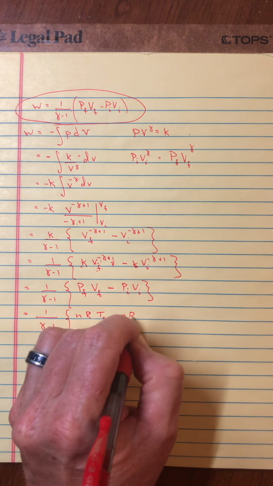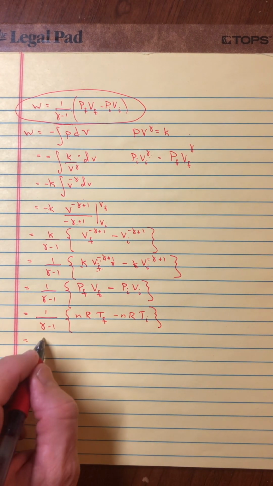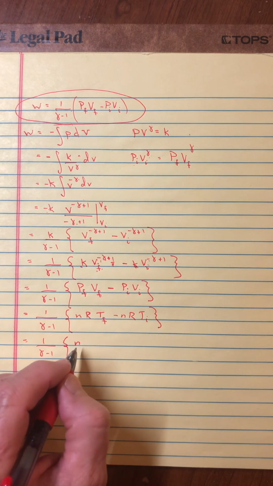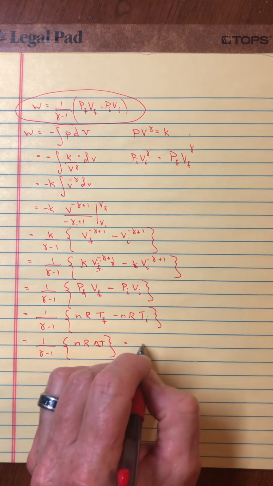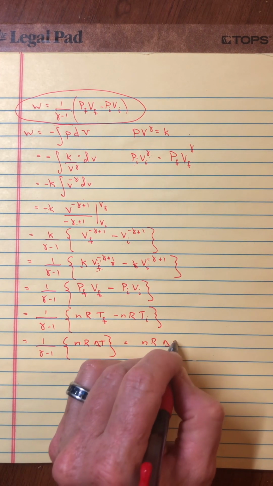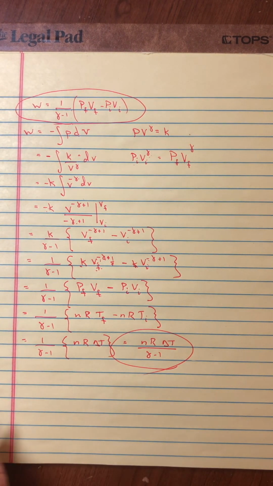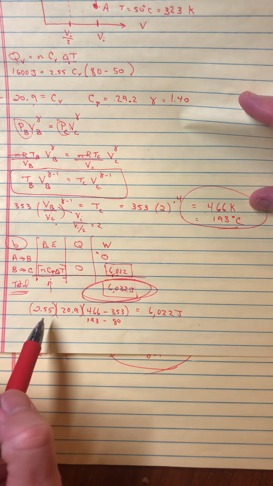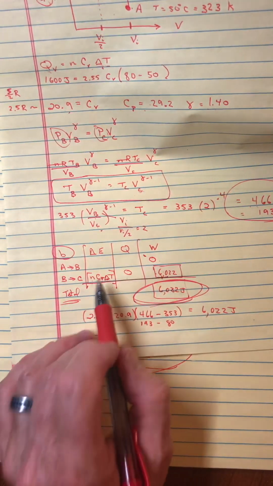So each of these would have an N and an R, and this would actually reduce to something really nice, NR delta T. In fact, maybe I should just write it as NR delta T over gamma minus 1. And given that we were already at this spot and getting the temperatures, this would have been actually an awesome way to get there.